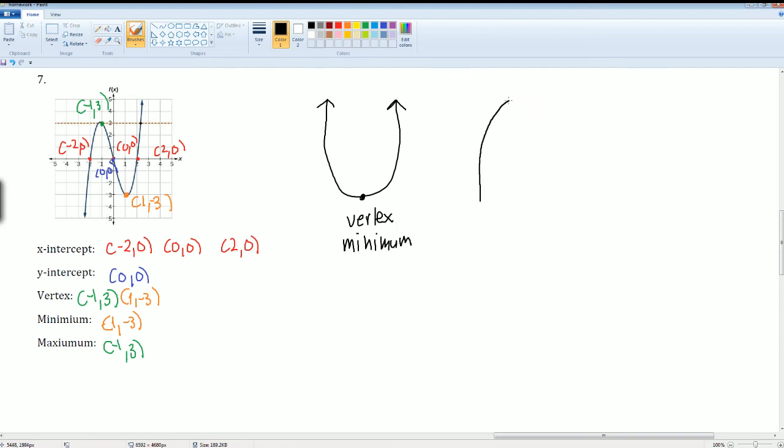But when it goes like this, where this is the highest point, this is also called your vertex, but in this case, it's called the maximum. So there you go. Those are all your answers for your homework solutions.